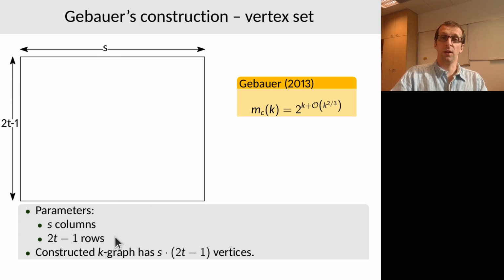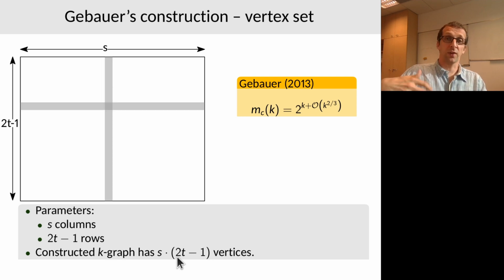So s and t are the parameters of the construction, and the constructed hypergraph will have this number of vertices. Every cell of the array represents a vertex, and at some point, every such vertex will be given a color, either red or blue.